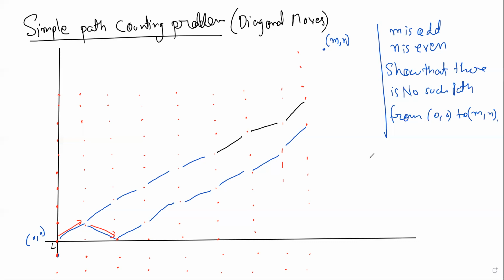Being able to explain it algebraically, combinatorially, or just by basic reasoning has a lot of significance in other problems later on. So we want to show there is no path from here to, you can put some numbers, maybe 100 comma 73 or something.